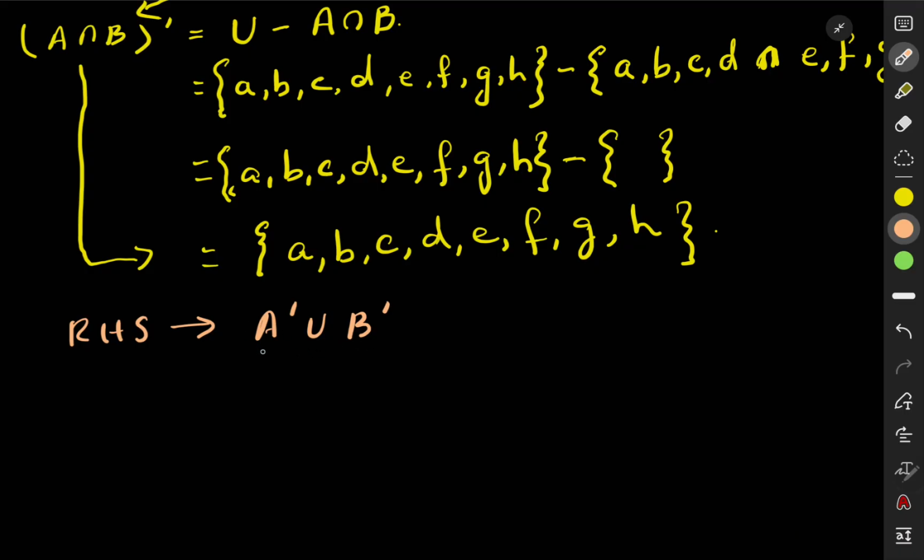The A complement means U minus A, and B complement means U minus B. I use bracket here to separate this U universal with the U set.